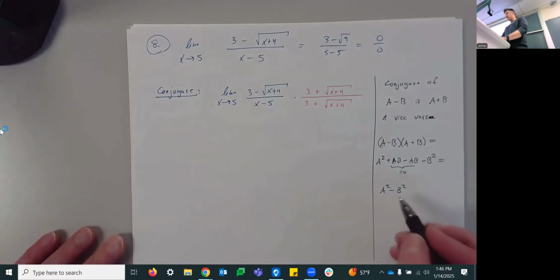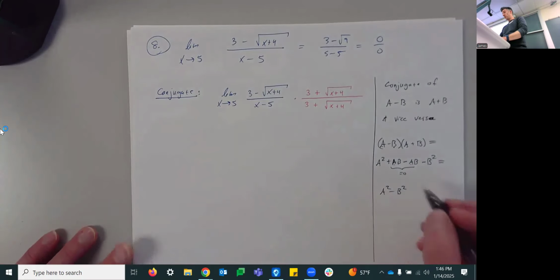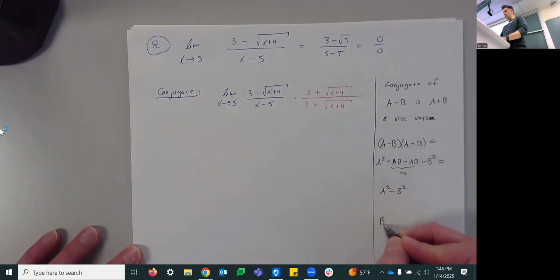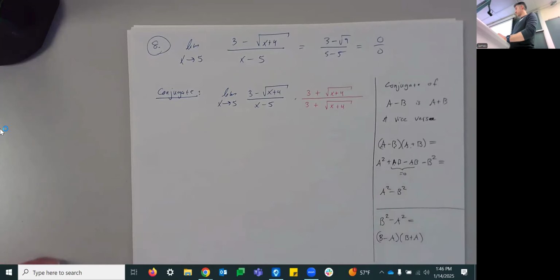When you factor A squared minus B squared, you do get A minus B times A plus B. If you were to factor B squared minus A squared, the order switches and you get B minus A times B plus A. Close to the same, not exactly the same. So make sure when you factor a difference of squares, it is always the first thing minus the second thing times the first thing plus the second thing.